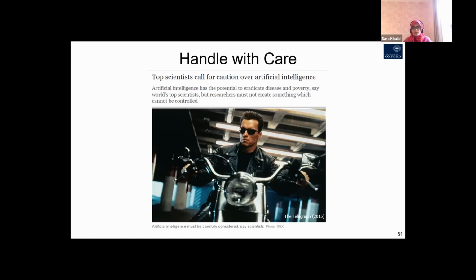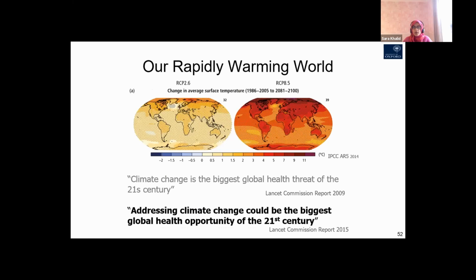And this is based on advice by more than 100 AI experts, including the late Stephen Hawking. So on that note, I'd like to move to the finish by going back to where we began, and to say that while yes, there is a real and present threat in the form of a changing climate and its impact on human health, there's also a great opportunity.